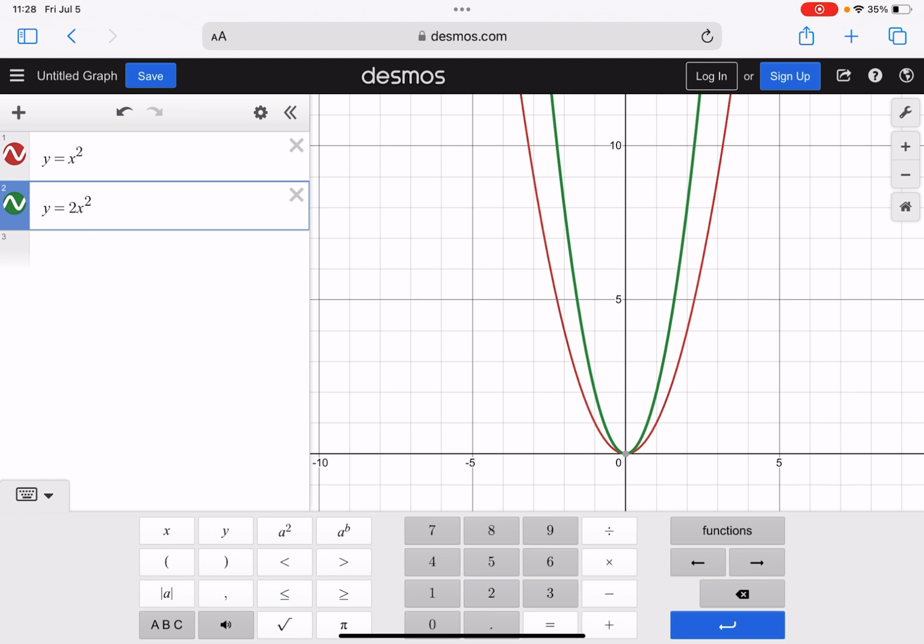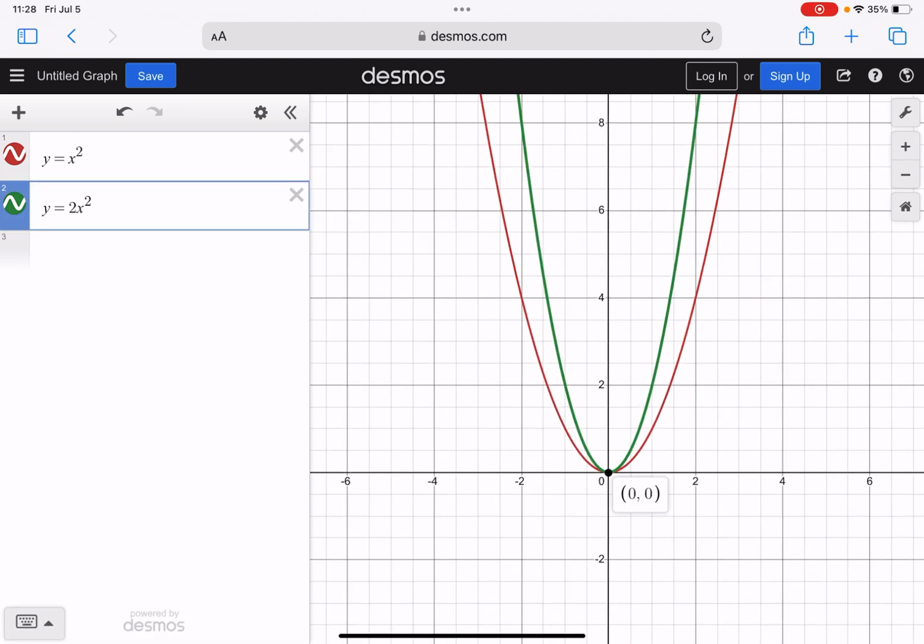Okay, so notice how there's two colors. The red is the base function and green is your transformed. So what happened there? Well, it was basically taken and vertically stretched up in a faster manner. You'll notice that you don't have the same points on the graph. On the red, you have a point that lies directly on 1, 1.